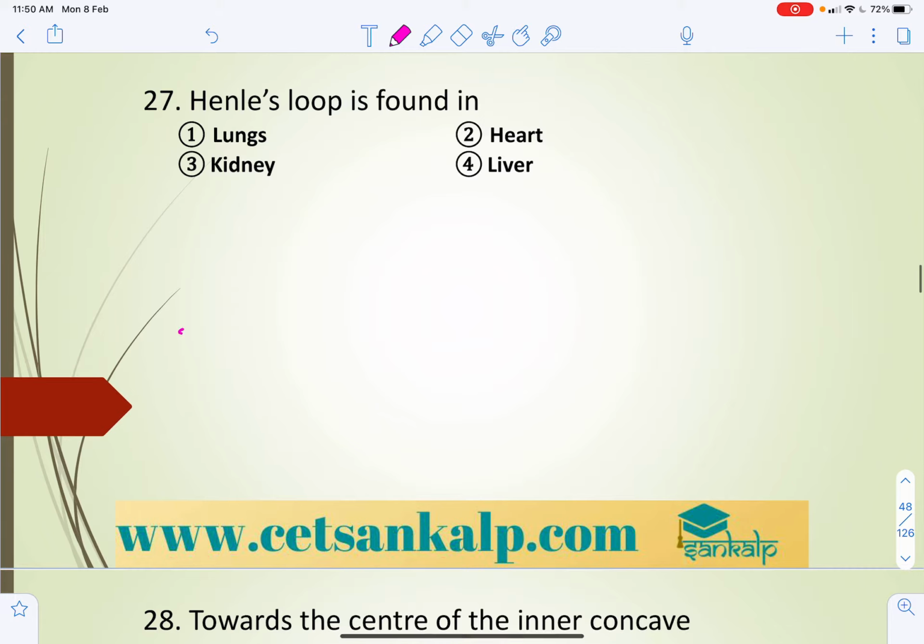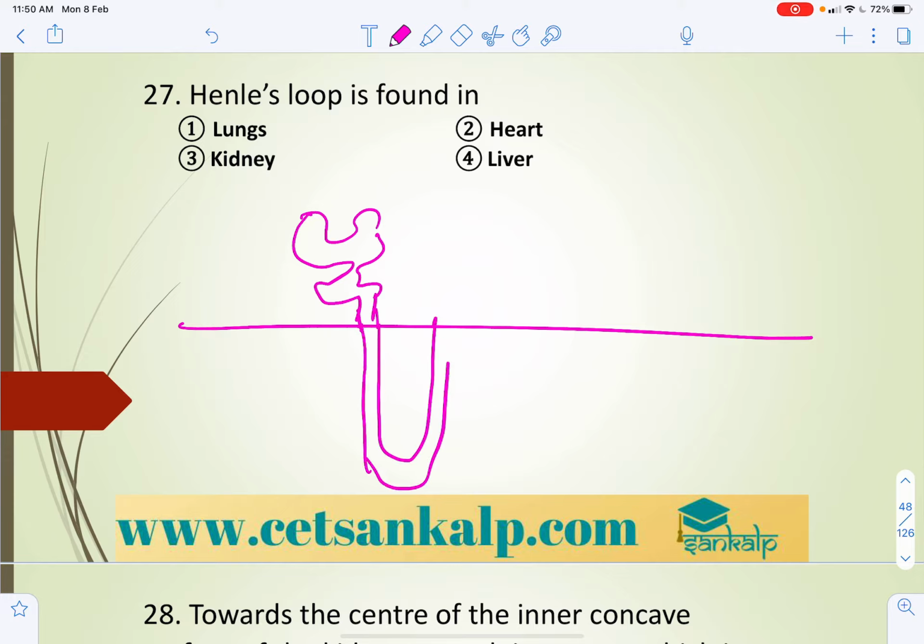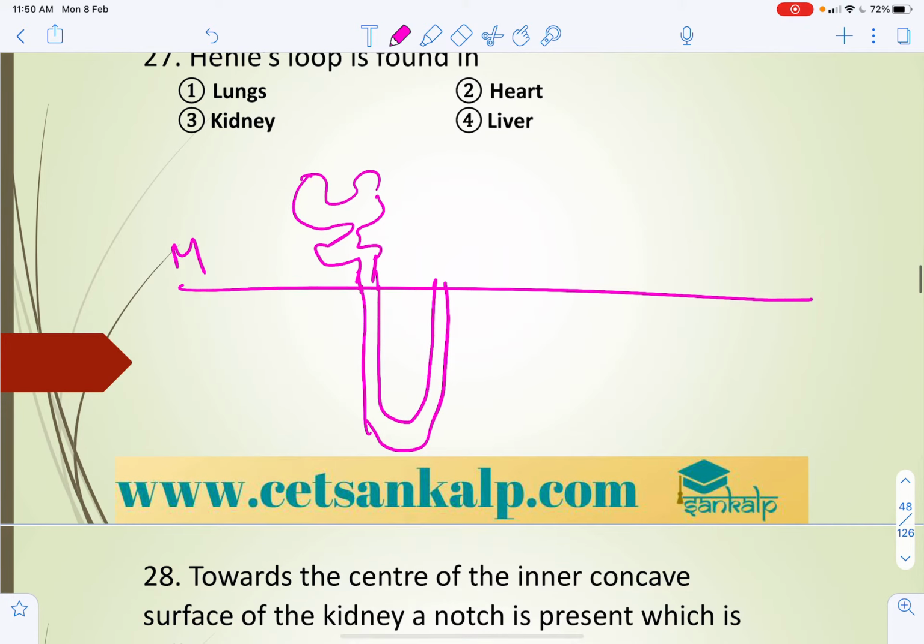Next, the endless loop is found in. If you take that structure, here we can see the Bowman's capsule in this part, and the endless loop will be there on the right. This is the cortex region, and this is the cortex region, and here it is the medullary region.